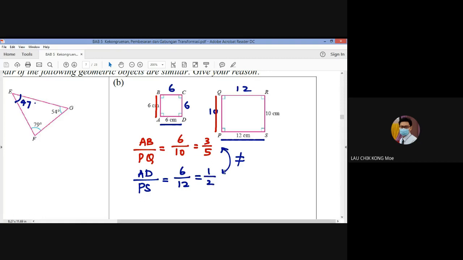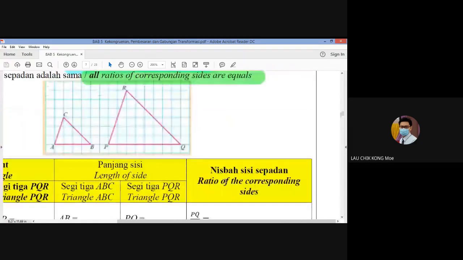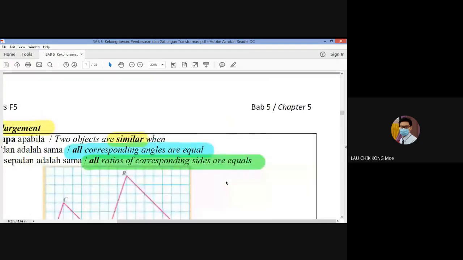Okay, after we do these two ratios, we know that these two ratios are different. So what do you think? Is it similar? No. But you need to write down now. You just write down: not all ratio of corresponding side are equal.